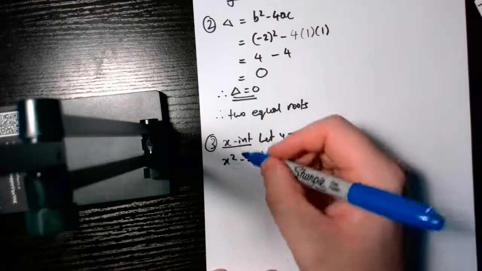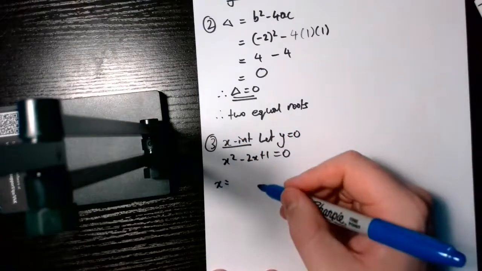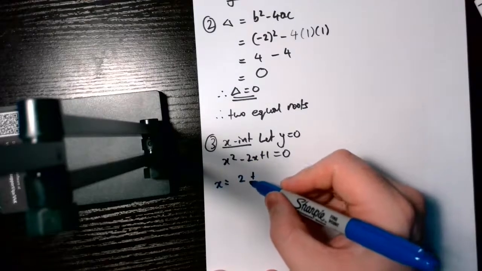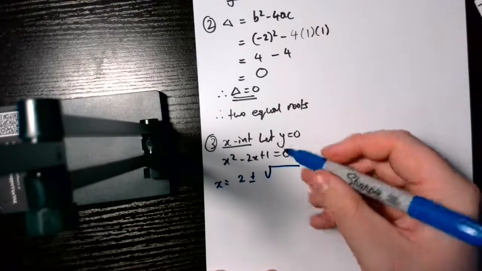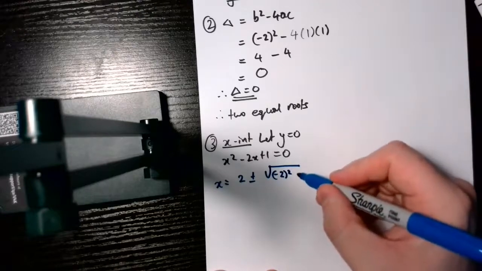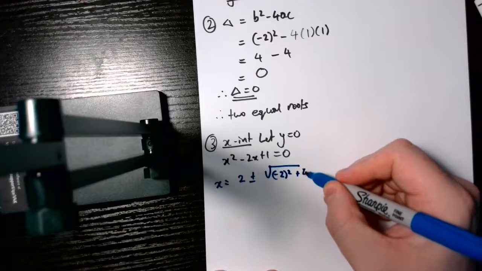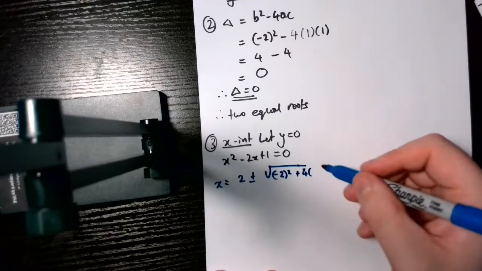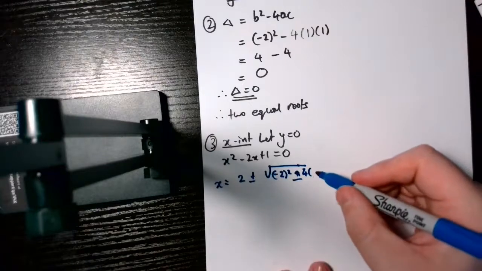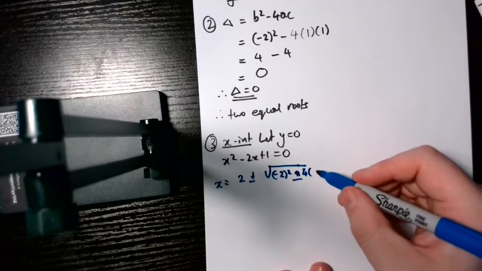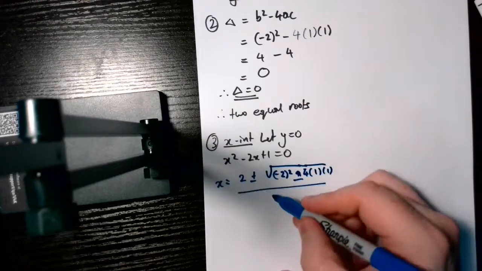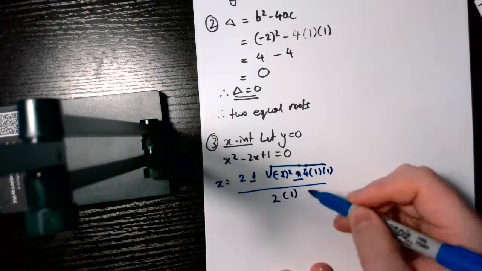So using the quadratic formula, x equals negative b, well, a negative and a negative make a positive, so 2, plus or minus the square root of b squared minus 4ac, so minus 2 all squared, minus 4ac, I don't want to put a mistake in there, minus 4ac, times 1, all over 2 times 1.